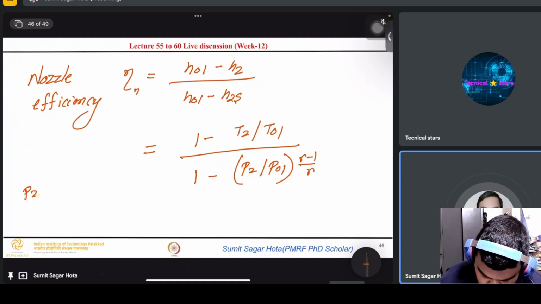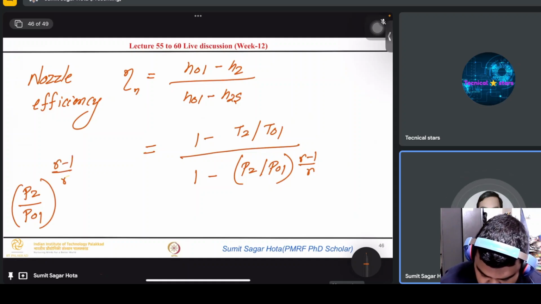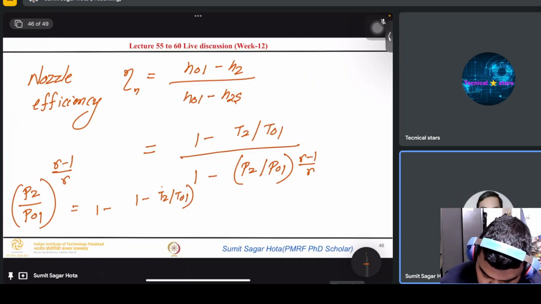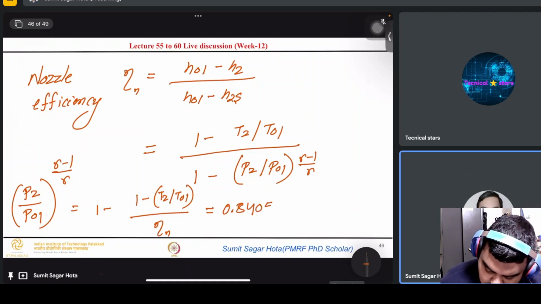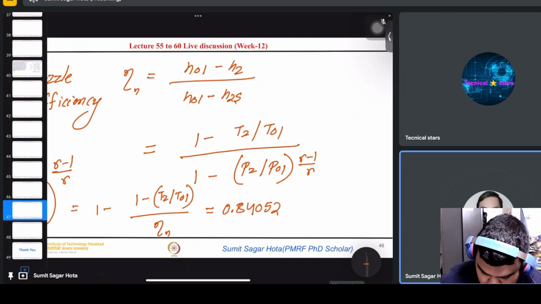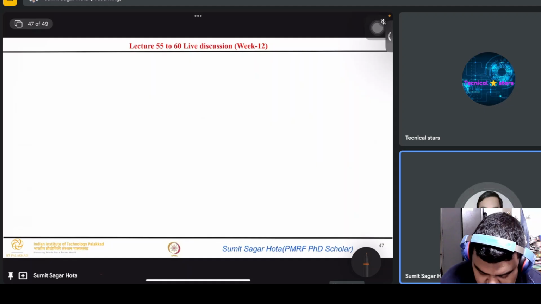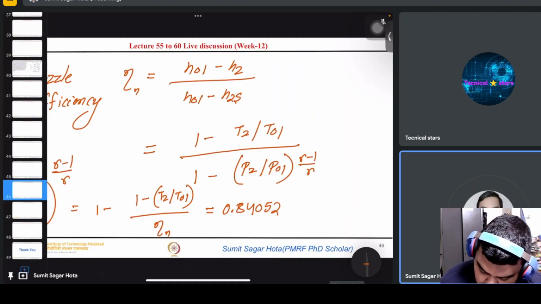So P2 by P01 to the power gamma minus 1 by gamma is equal to 1 minus T2 by T01 over the nozzle efficiency. So directly write it down here.